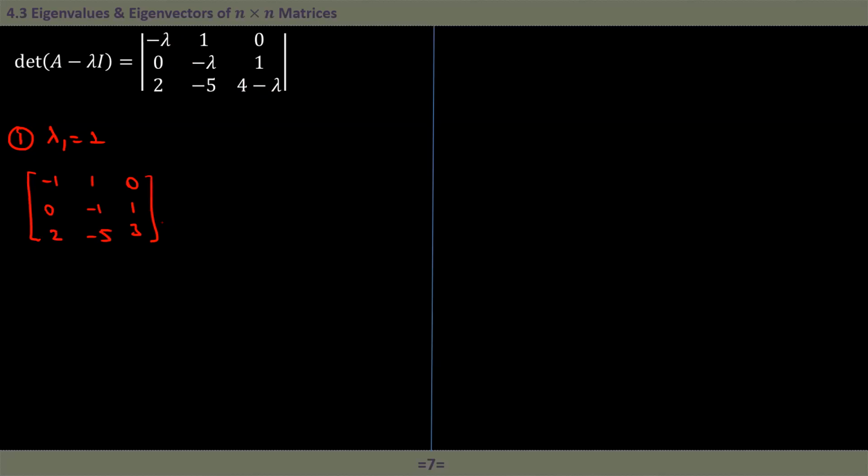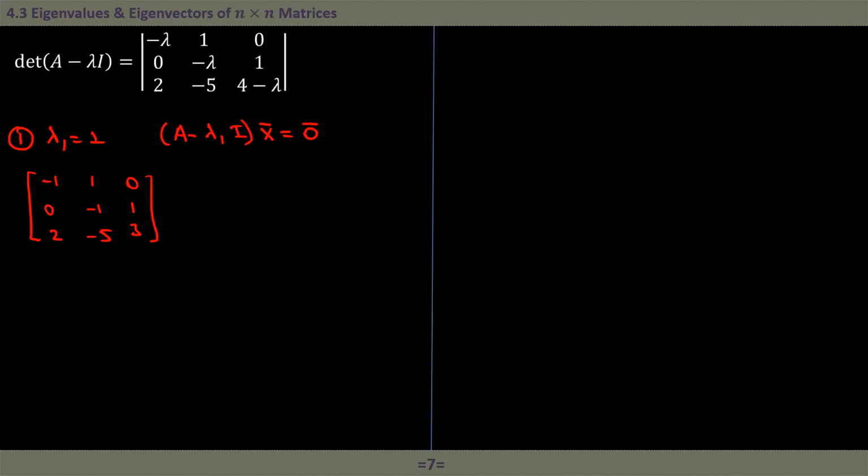Actually, here we have 0, 0, 0, so I'm just not writing this to save time, because all operations on zeros create zeros, so we just keep in mind that we have a zero column here. That is the coefficient matrix of our homogeneous system. Now we are solving the system lambda 1 I times x equals the zero vector.